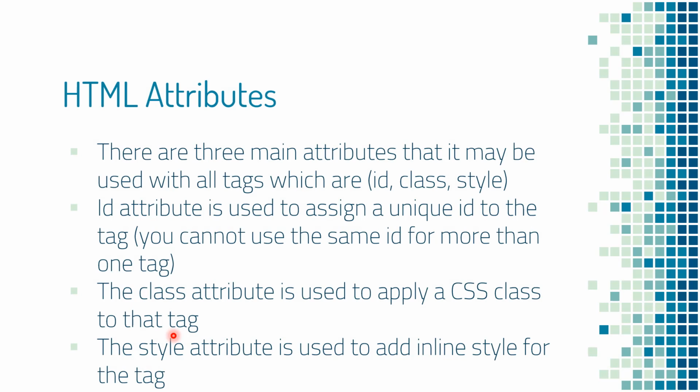So when it comes to attributes, different tags have different lists of attributes. If I have a table tag, it would have some attributes that don't work for images, for example.